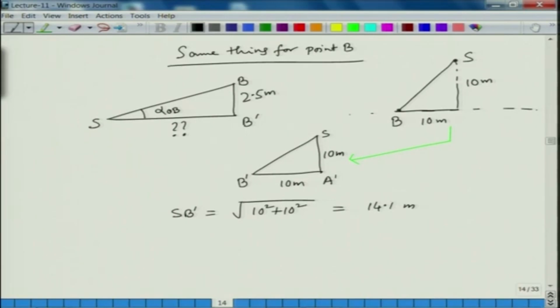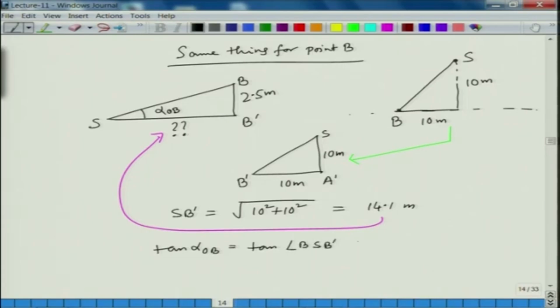Now, you take this value and substitute it here. What we get is tan alpha OB is nothing but tan of angle B S B prime, which is equal to B B prime by S B prime, that is 2.5 meter by 14.1 meter. So, this will give alpha OB equal to 10 degrees.